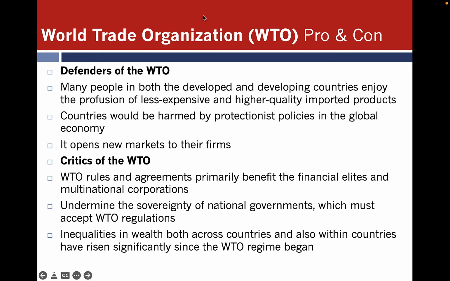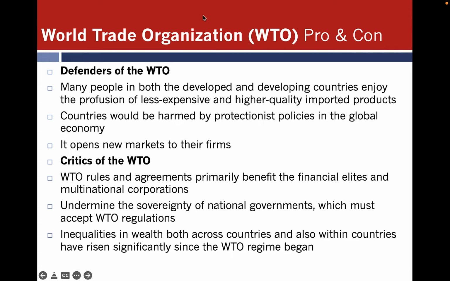Defenders say that the WTO, in both developed and developing countries, enjoy a profusion of less expensive and high quality imported products. I think we could maybe categorize the United States as a beneficiary of some of these trades, especially when we expect cheap commerce to come into the U.S. so we don't have to pay a lot for it, whether it be clothing, shoes, a car, or whatever.